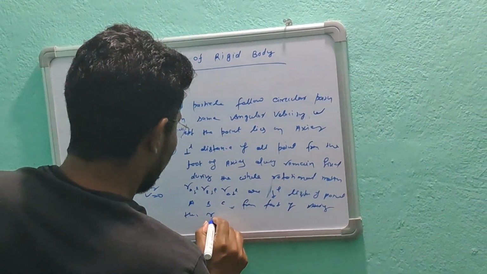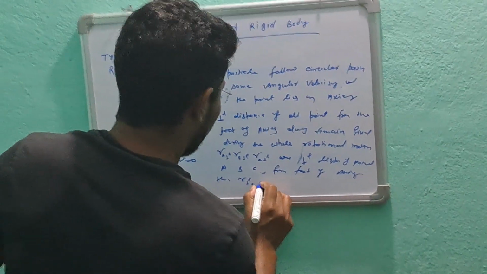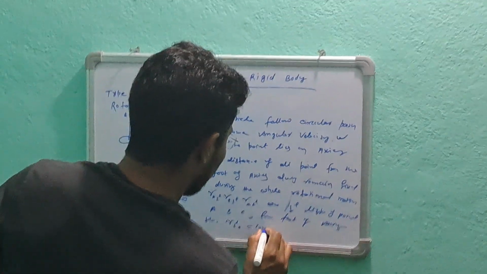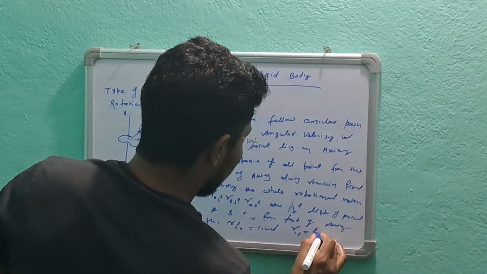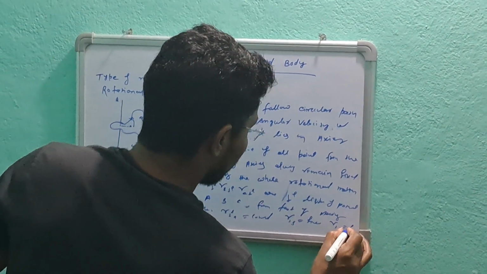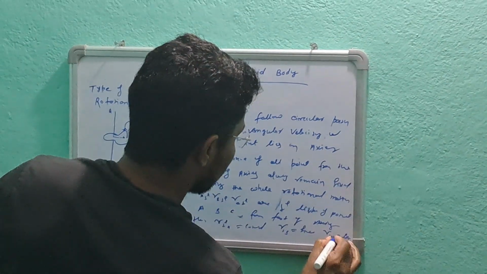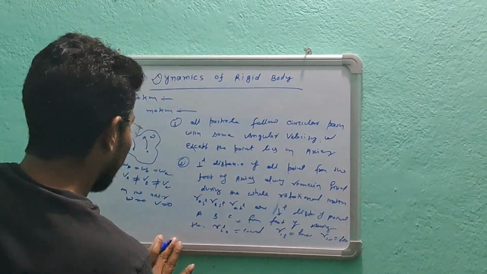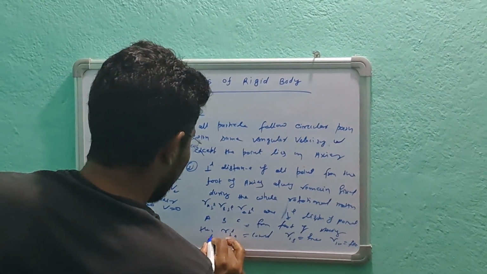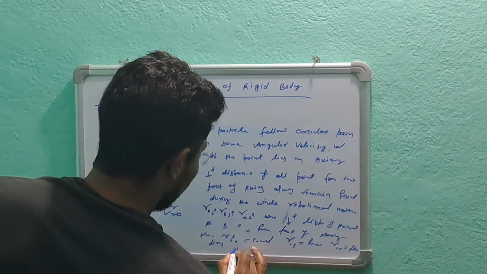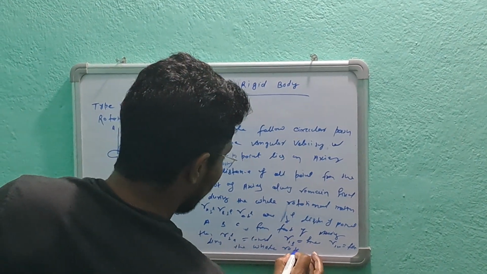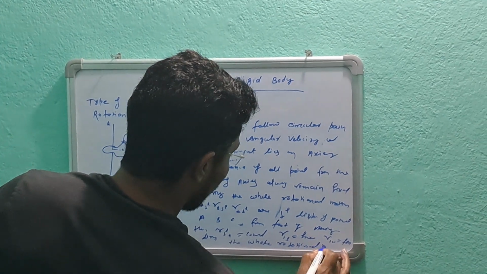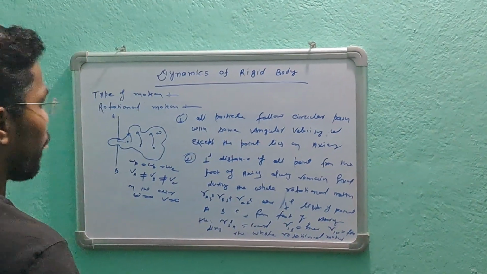Then R perpendicular A is constant, R perpendicular B is fixed, R perpendicular C is fixed, during the whole rotational motion.